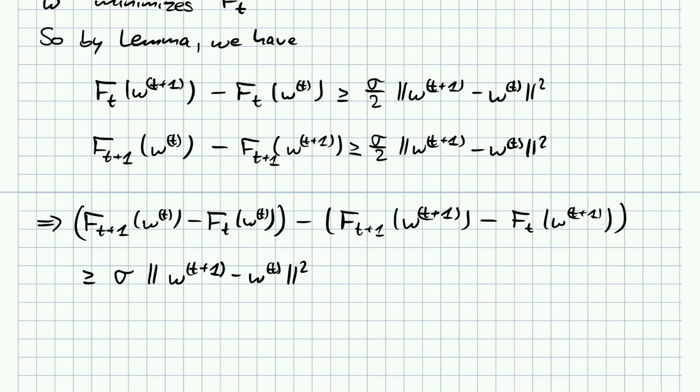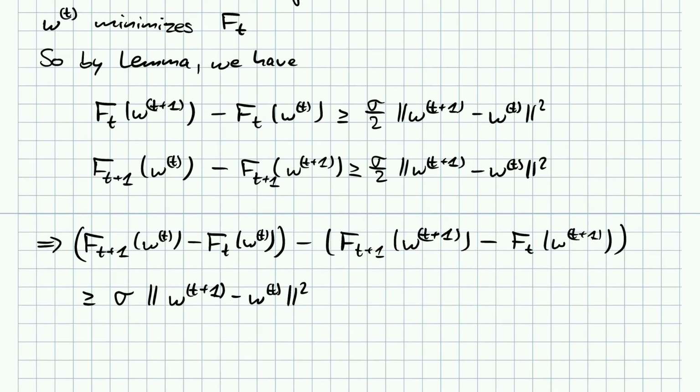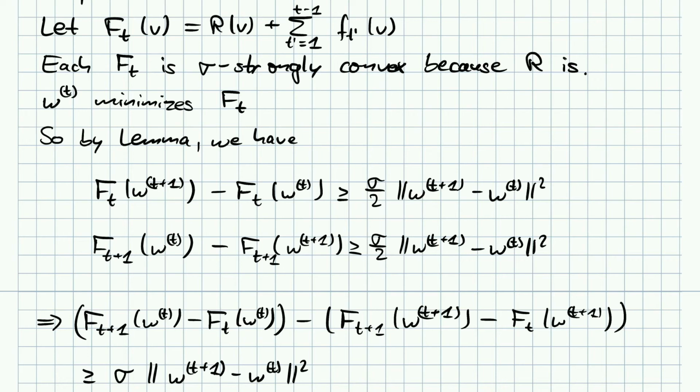Good. Now, how big will these differences be? Let's recall how the functions are defined. F_{t+1} and F_t, how do they differ? Well, they both have the same here, except one contains the small f_t and the other does not. So this is exactly small f_t of w_{t+1}.